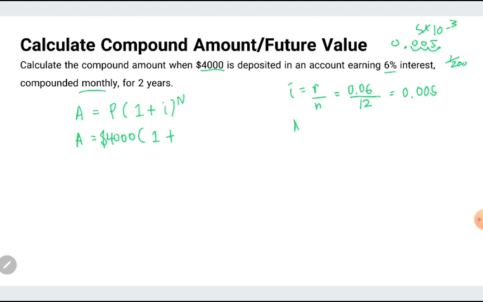Okay, how about my big N? It's just the product of small n times t. My n again is 12. My t, how many years? 2 years, so 24. So 1 plus 0.005, and then raised to the 24th power. So obviously this is 1.005 raised to the 24th.